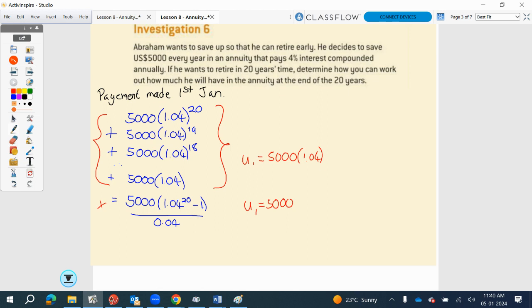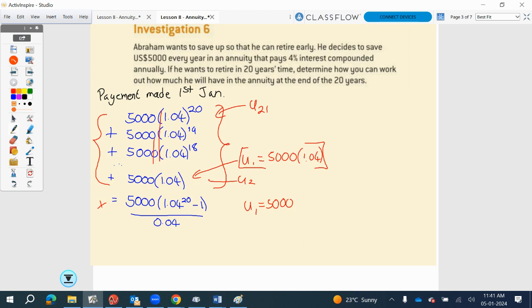That's the first term. So if this is the series, this is the 21st term. This would be U2. U1 is missing from that sequence.